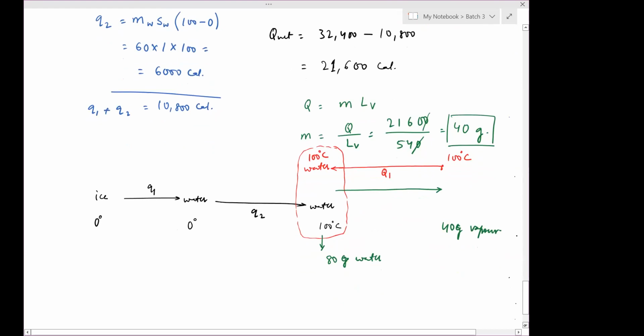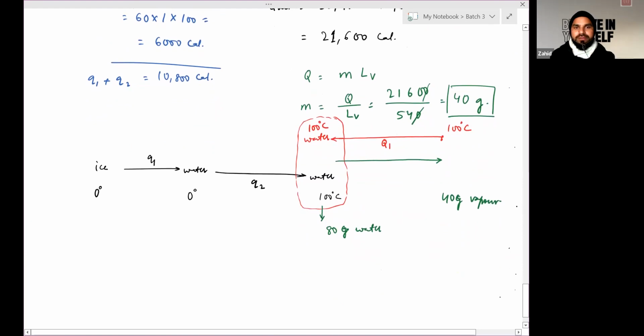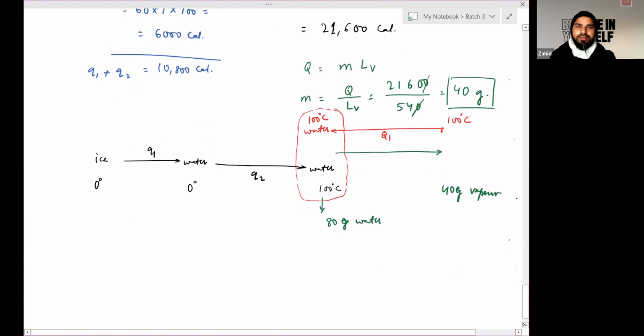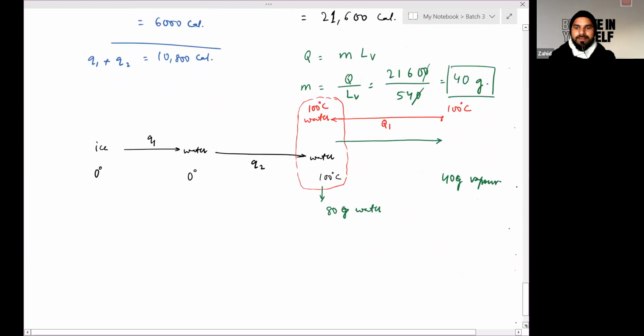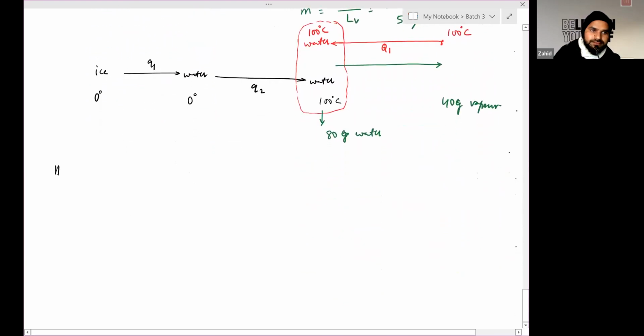Yes, sir. Okay. So this is all about calorimetry and exchange of heat to change state or change in temperature. Next is transfer of heat.